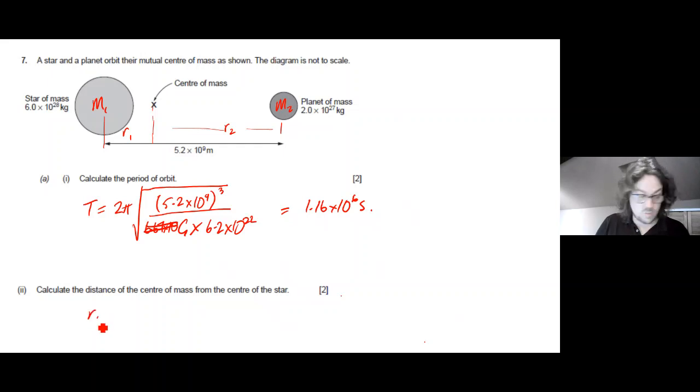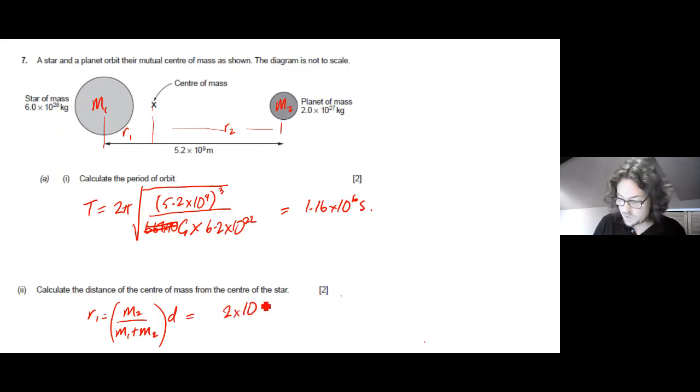Well, to do this one, we'll use R1 is equal to M2 over M1 plus M2, times D. Now, you pop all those numbers in, we end up with 2 times 10 to the 27 times 5.2 times 10 to the 9, all over M1 plus M2, which again is 6.2 times 10 to the 28.